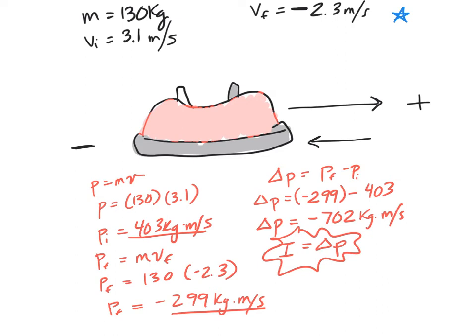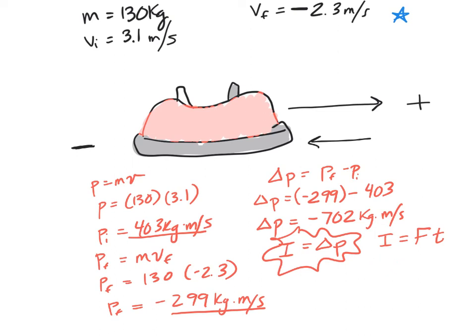And if the impact lasted for 0.4 seconds, what would be the force on your body? Well, the only equation that ties time, which is in seconds, and force together is impulse is equal to force times time. We know our impulse, so we can put that in.